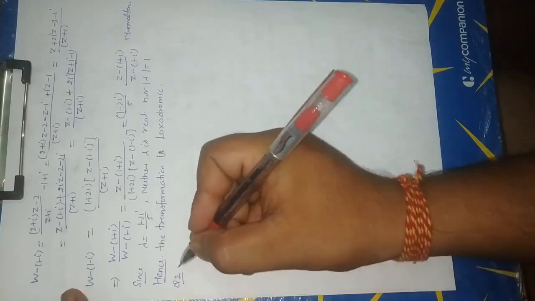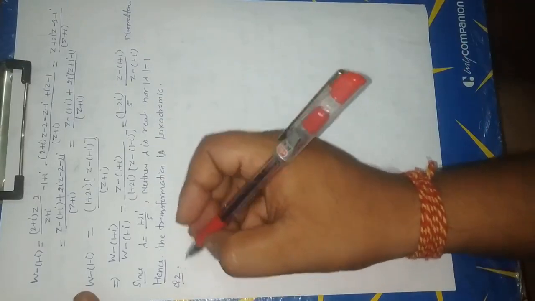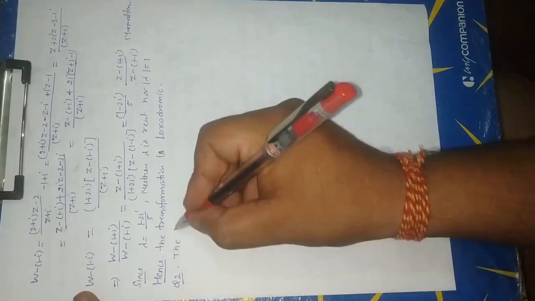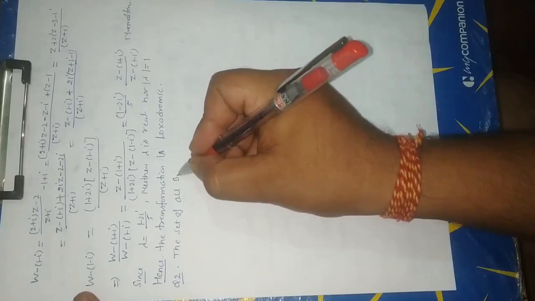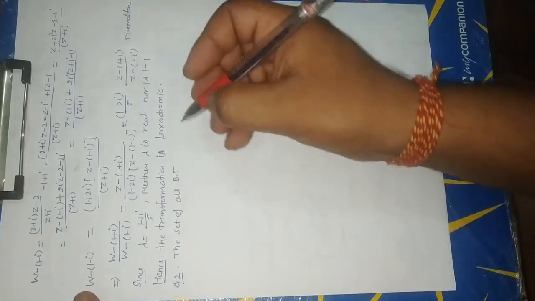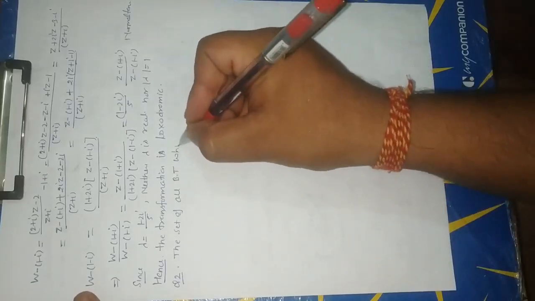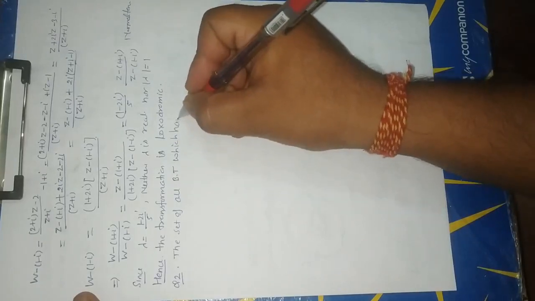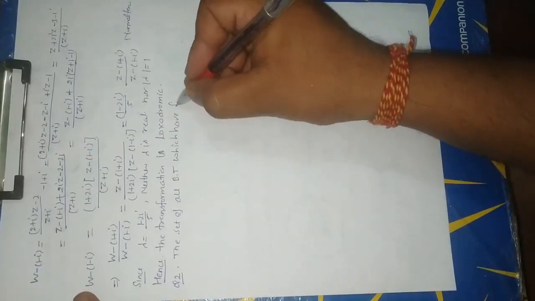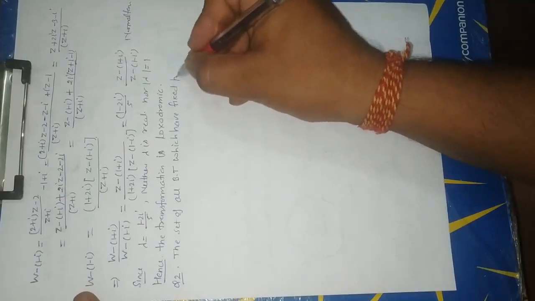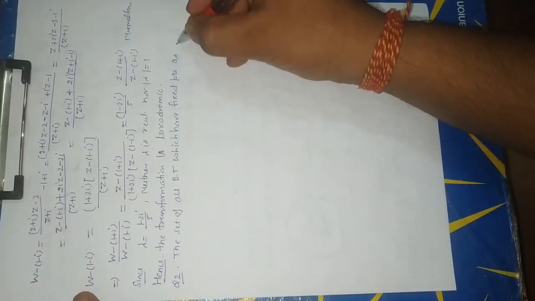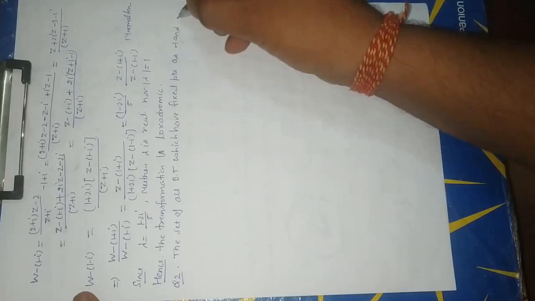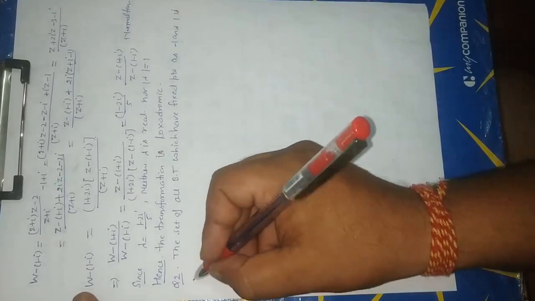Now, question number 2. The set of all bilinear transformations which have fixed points as minus 1 and plus 1 is, answer.